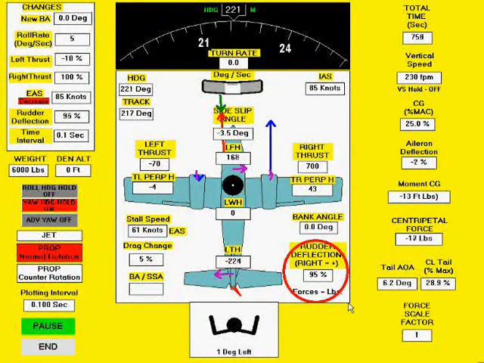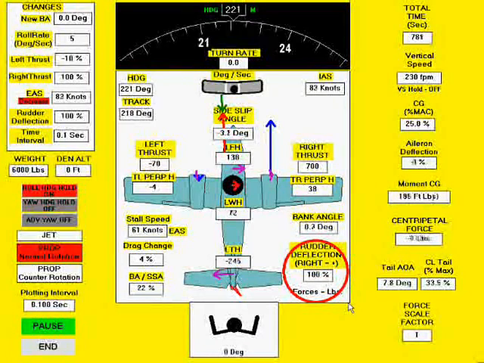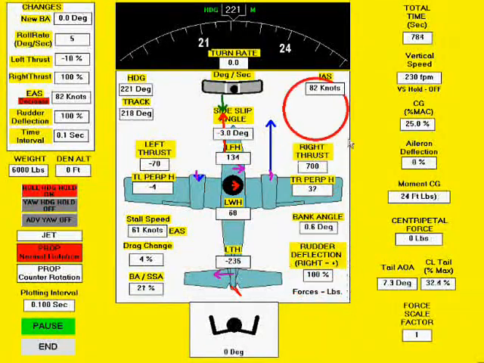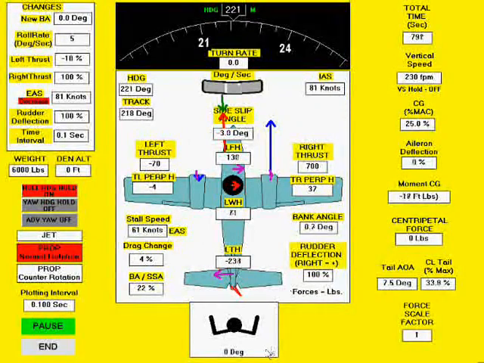Maintaining wings level and a constant heading, increased rudder deflection is required as airspeed slows. After full rudder deflection, banking toward the operating engine is required to maintain heading.